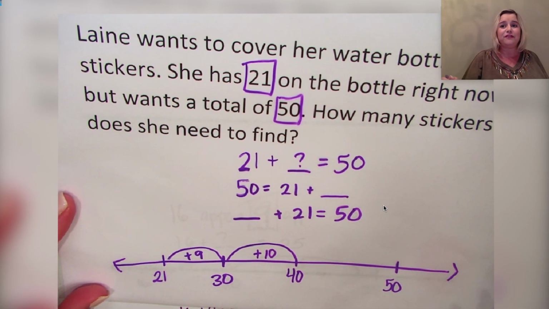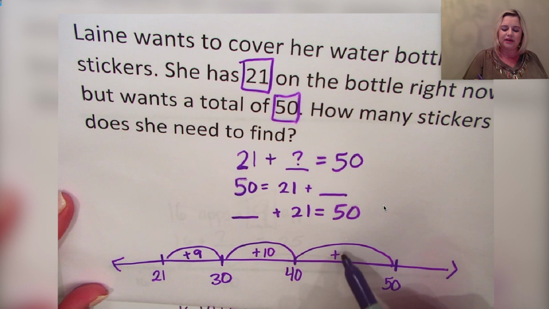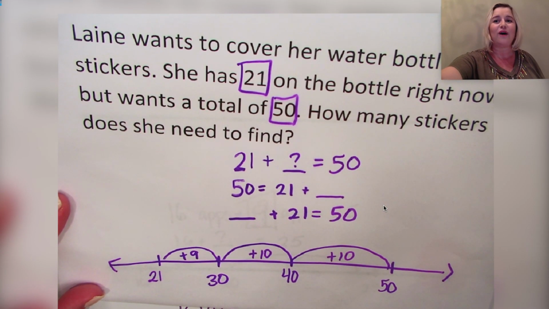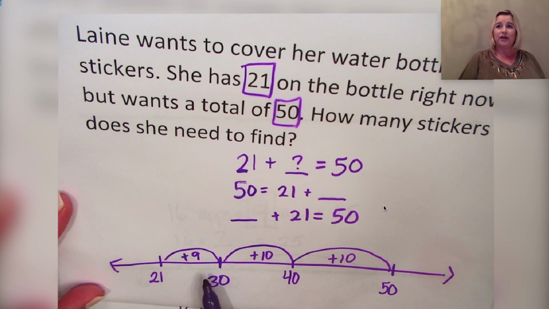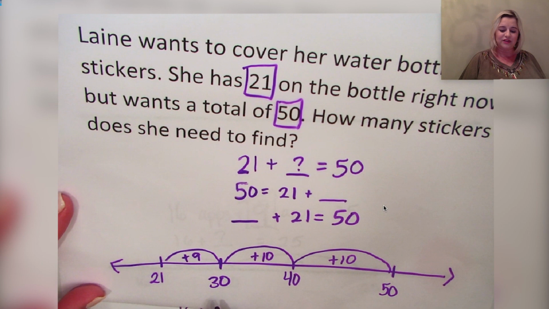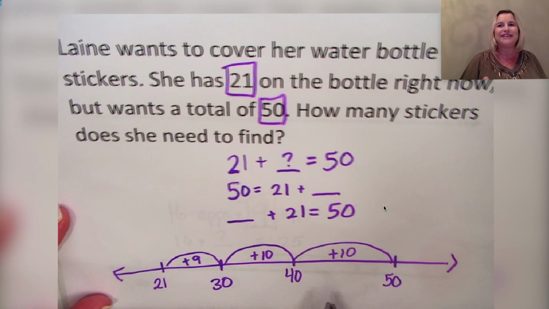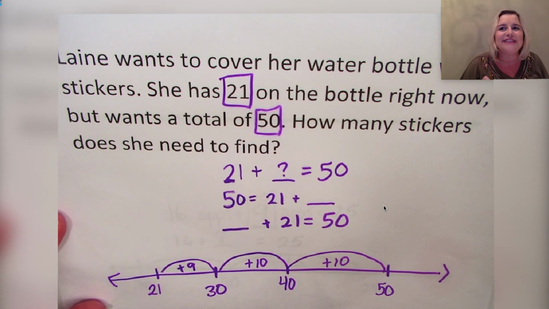But am I at 50 yet? Not yet. I'm going to add 10 more to 50. So this is how I did mine. You could add 9 on first to get 30, and then from 30, we can add 10 to get 40, and then 10 more to get 50. We added a total of 29 stickers.